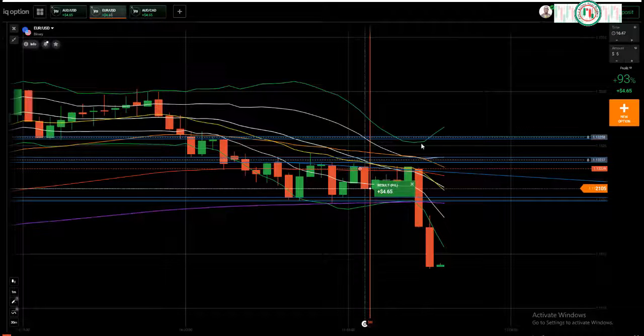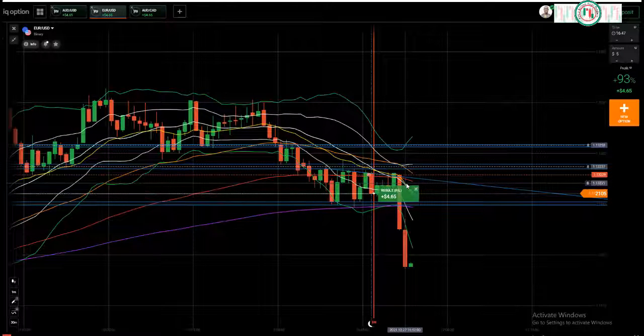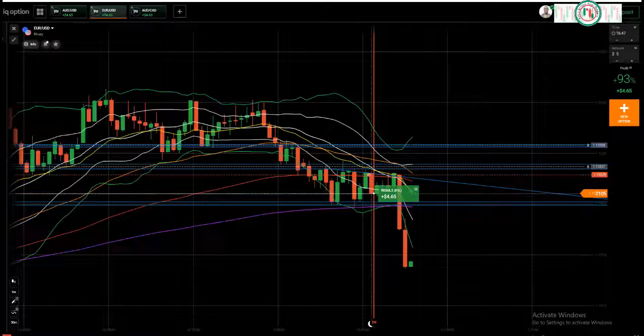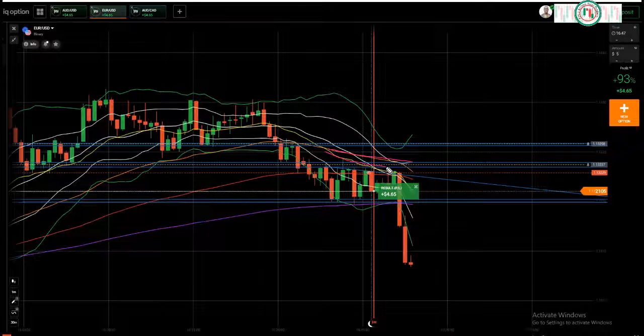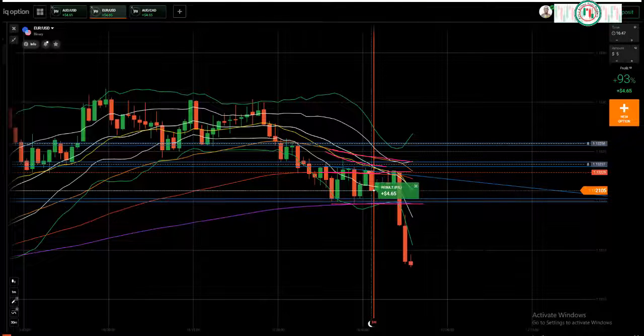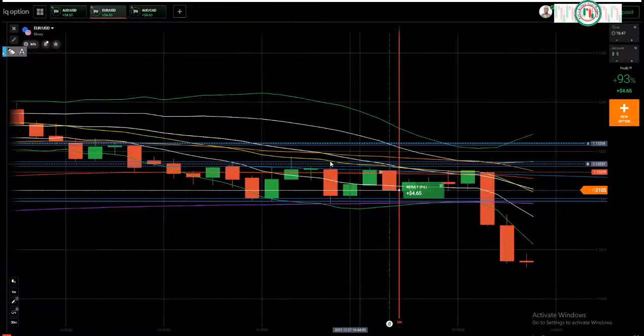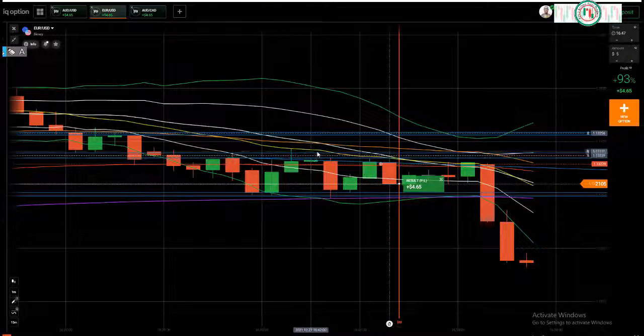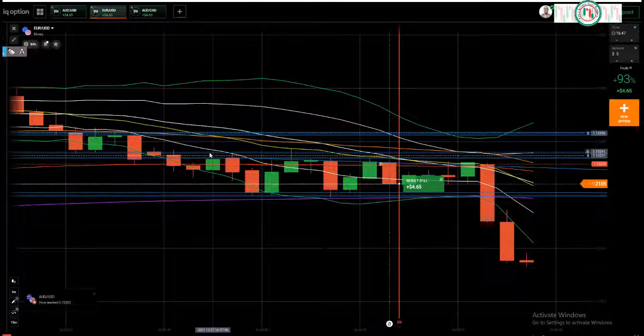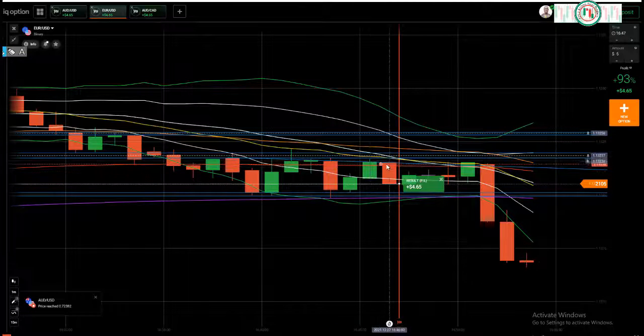Then here this is a ranging market. You can see why it's ranging market. You can see EMAs are almost all flat. You see the 200 is completely flat, so that's why here I wanted to take my trade here, I couldn't, but here when I saw this rejection from this level, I knew this level is strong.